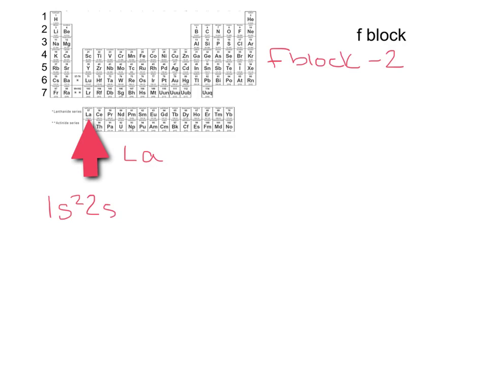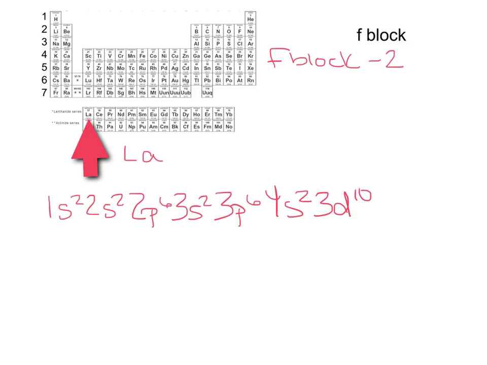1s2, 2s2, 2p6, 3s2, 3p6, 4s2, 3d10, 4p6, 5s2, and 4d10, and then 5p6.